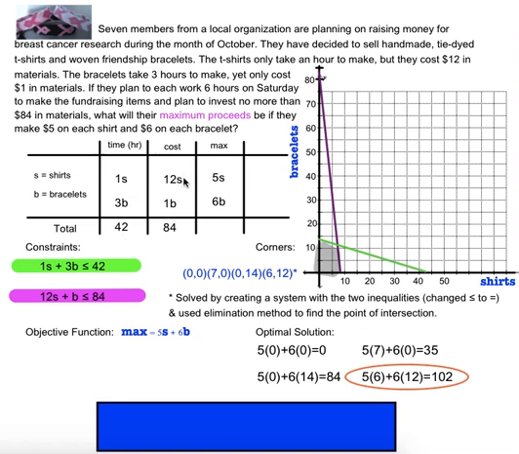Shirts take $12 to make, bracelets only take $1 to make, and they only have $84 to work with. To write these as constraints, the rules would be 1S plus 3B has to be less than or equal to 42, and 12S plus B has to be less than or equal to 84.